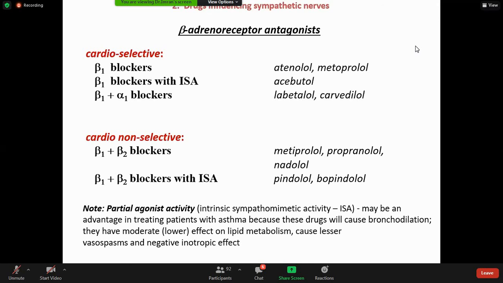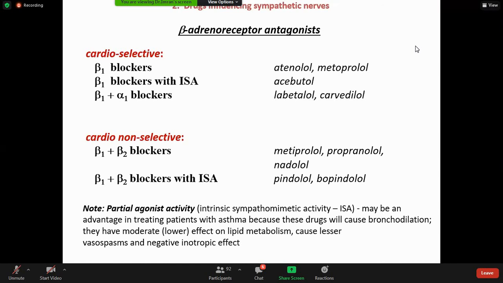And there are some drugs that block both beta 1 and alpha 1, which is very interesting. In cardiovascular control, the vessels are responsible for blood pressure as well as the cardiac activity.